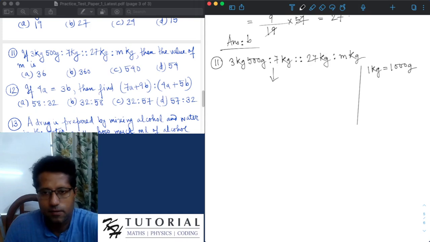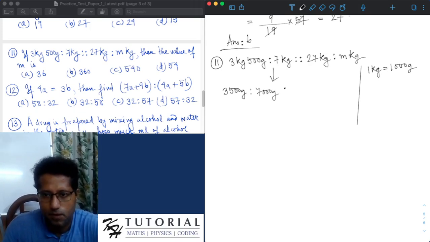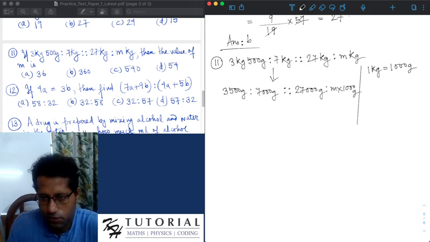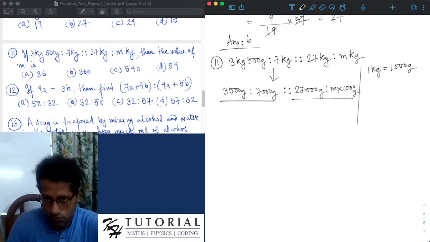So using this fact, 3 kg 500 gram will be 3500 gram is to 7 kg will be 7000 gram, is in proportion with 27 kg means 27,000 gram, and m kg means m into 1000 gram. Now this is one ratio and this is the second ratio, these two ratios are in proportion, so they should be equal.